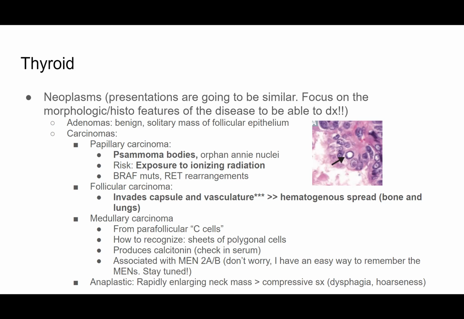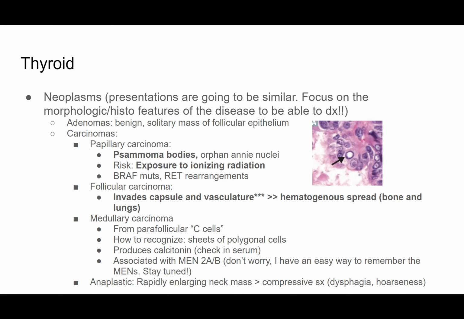But psammoma bodies are the biggest thing you're going to see with the papillary carcinoma, whether they put it in the vignette, or they put a picture, or maybe they are talking about papillary carcinoma, they talk about exposure to ionizing radiation, and then they ask, what's a characteristic feature? You can put psammoma bodies, and then of course BRAF mutations and RET rearrangements.